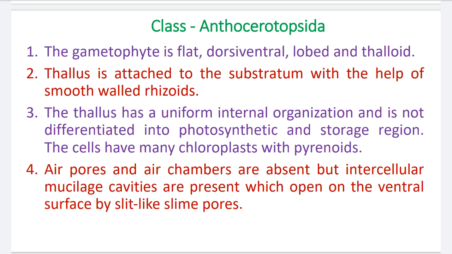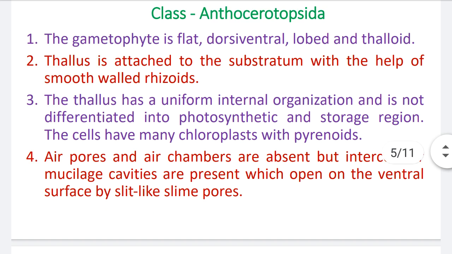The intercellular spaces open toward the ventral side of the thallus, so that due to that opening, many cyanobacteria, many blue-green algae, the cyanophycean or myxophycean members called blue-green algae, can be symbiotically associated with the Anthocerotopsida members.